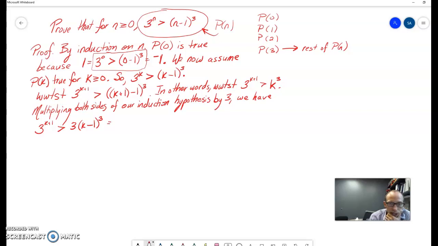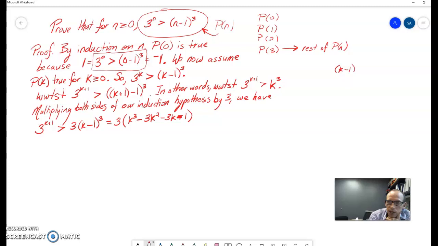Let's go ahead and expand this out. So this would be the same as 3 times, and now I'm just going to expand this, k cubed minus 3k squared minus 3k plus 1, or sorry, minus 1. And how am I getting that? Well, if you don't know that expansion, you can always do it off to the side here.